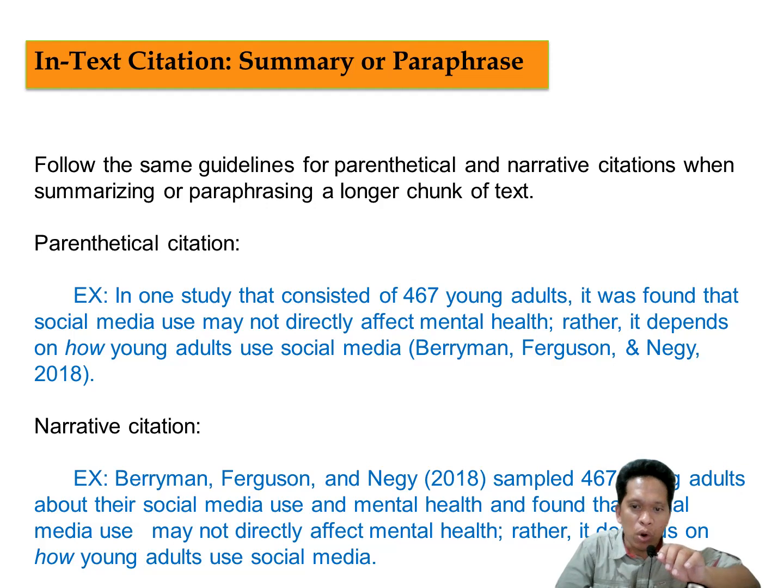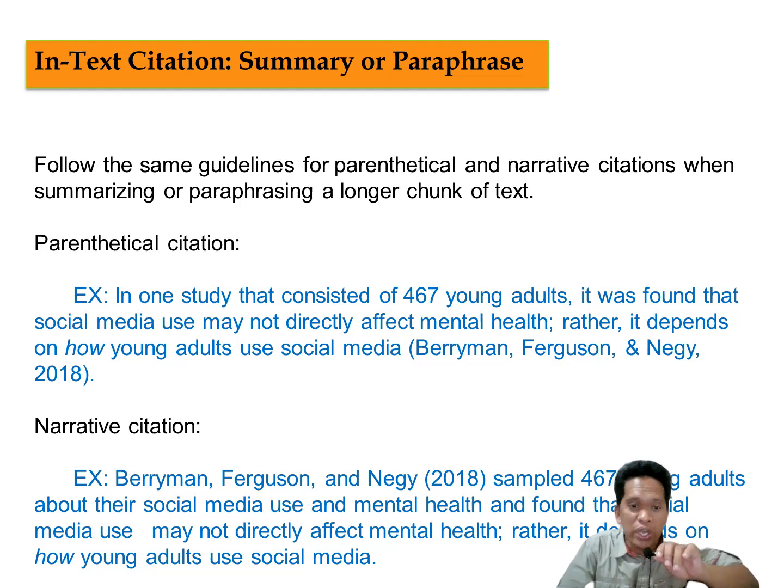There are multiple authors. So for example, for parenthetical citations after the text, open parenthesis, the first author, comma, followed by the second author, then and, and then another author, comma, and the year of publication.